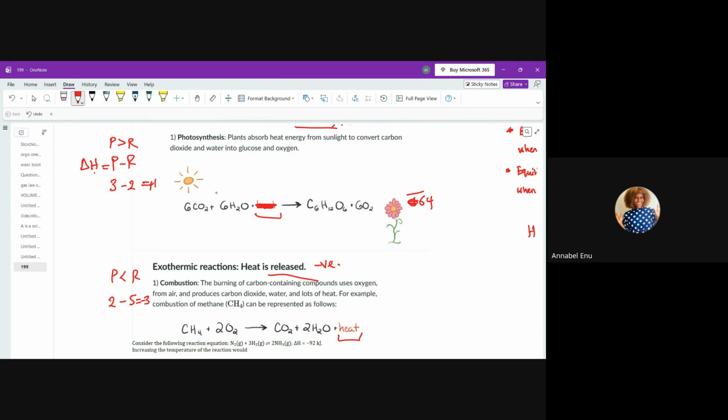Now, in exothermic, the heat is released, and so we will find it on the product side. So whenever we are talking about where equilibrium might shift towards, we would focus on where the heat is, whether it is in the reactant or in the product side. How do we know where it is? The negative or positive sign is one way to know. If it is negative, it is in the product. If it's positive, it is in the reactant. Do you understand now, Melody?